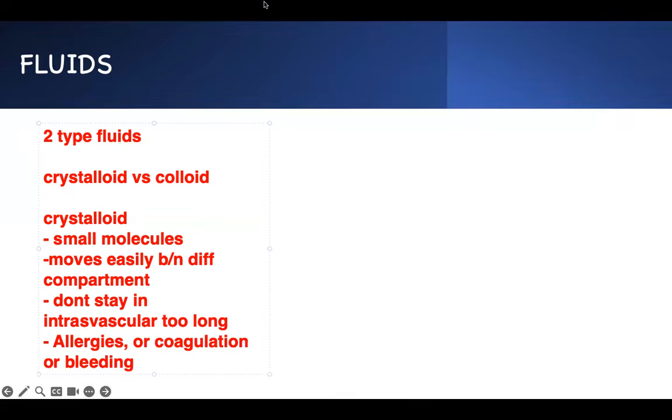They are for replacement, mostly. If you need some fluid replaced quickly, we can give it to you. There's different kinds though, so you have to know the difference. They do not change the pressure of the system. They just basically can change the osmolarity of the extracellular fluid or intravascular fluid.